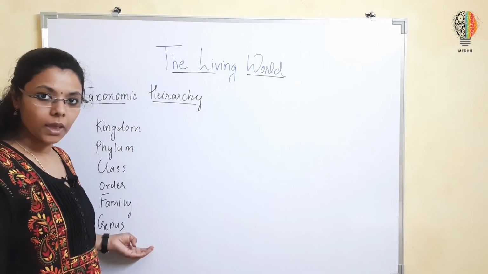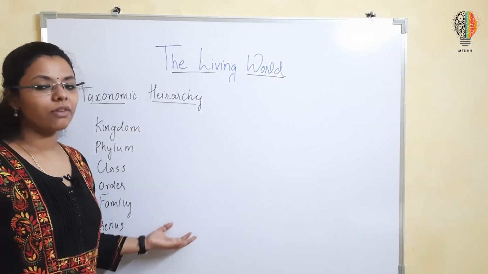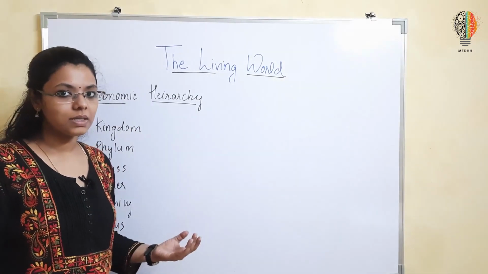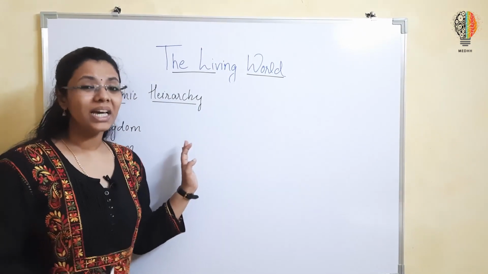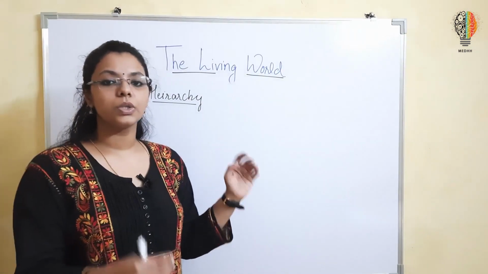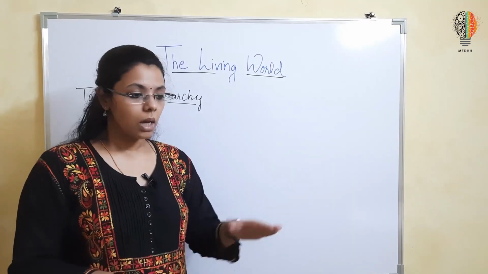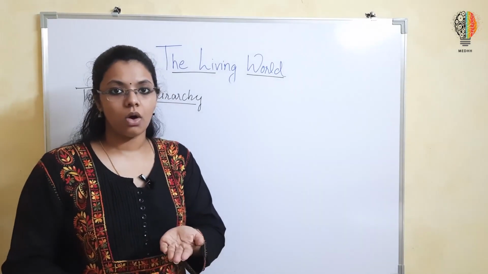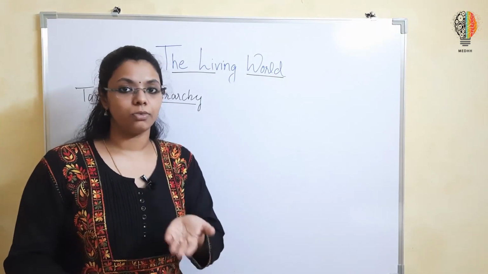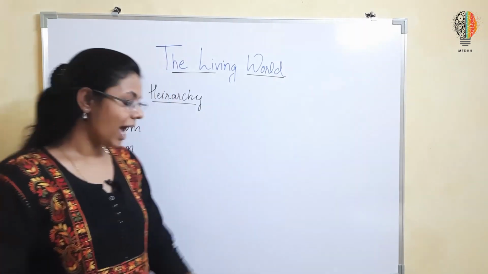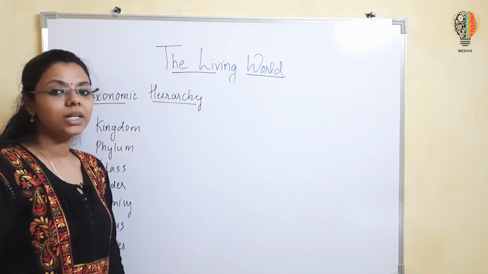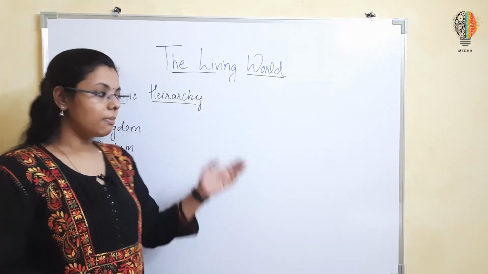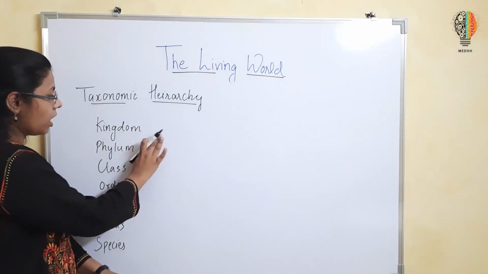Okay, so this is something we have already learnt in our lower classes, but we will see it again. There is a reason we are repeating the chapters which we have learned in the lower classes, because this is the base of the subject. We have come across these terms, and we even have different techniques to remember them.